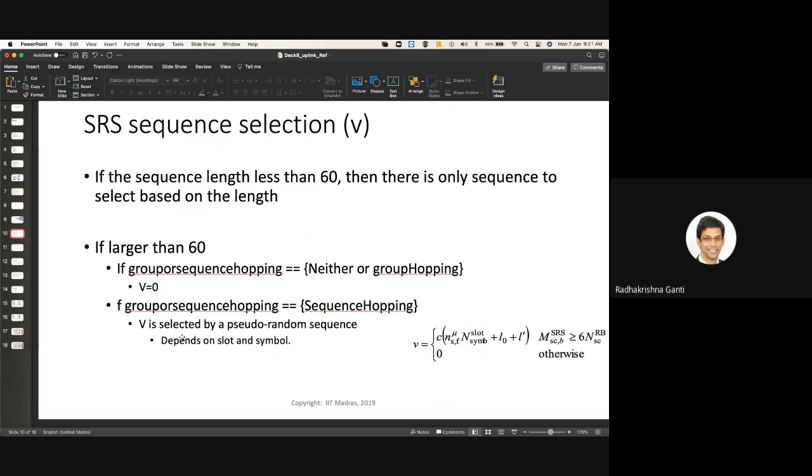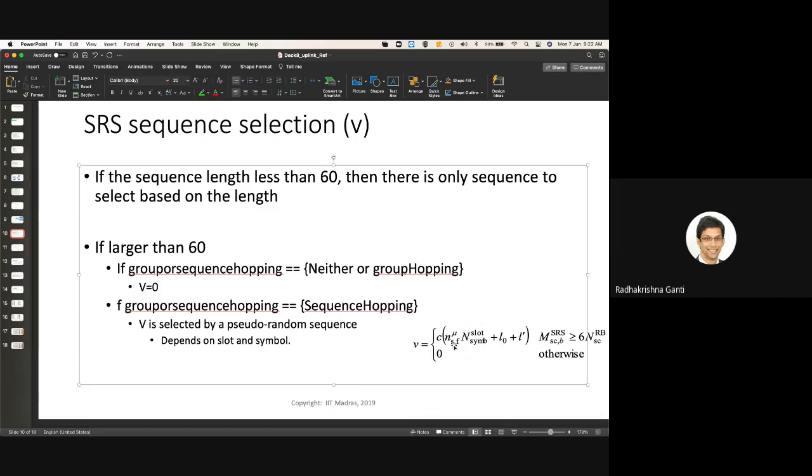Okay, so if the length of the sequence is less than 60, there is nothing to select because there's only one sequence per group. If the sequence length is greater than 60, there are two options. Either you enable group hopping or you disable it and use sequence hopping. If you enable sequence hopping, then you again select the sequence V randomly based on L dash and slot number.